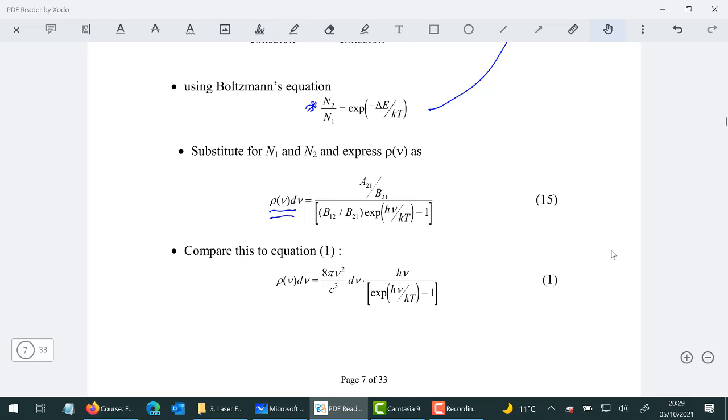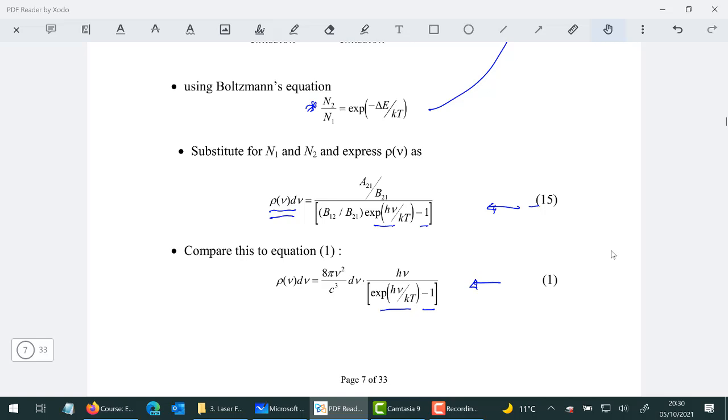What we're looking for is the radiation density to increase. If the radiation density is decreasing, then we are getting mostly absorption, not emission. So we can rearrange equation 14 and get something which looks like this, and we can compare it to what we had for the thermal process. So we have an exponential minus 1 on the bottom, we have an exponential minus 1 here, but we have a multiplier which is B12 over B21.